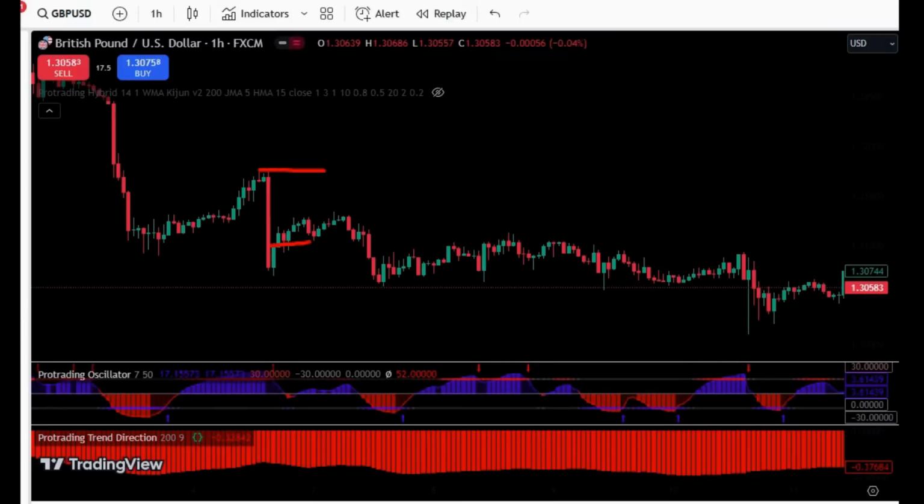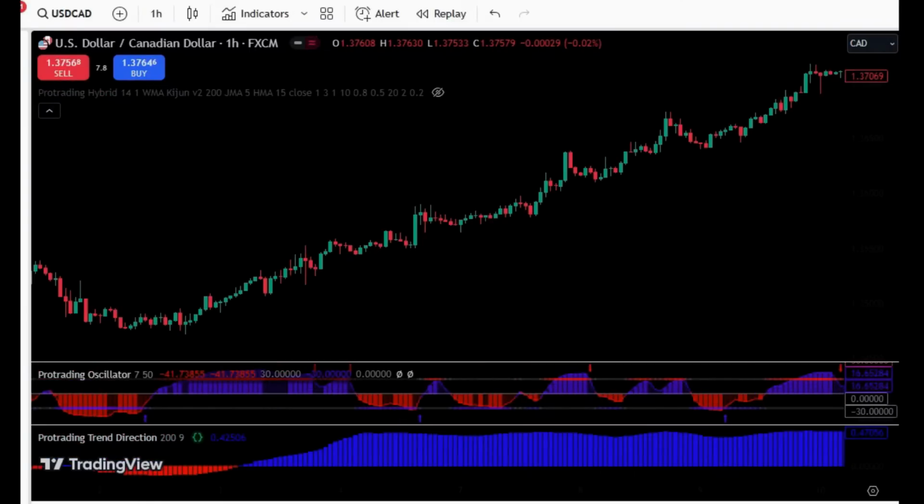Our take profit is going to be 3 times our risk. So if we are risking here 30 pips, our take profit is going to be 90 pips. So we put our take profit and we'll be managing the trade. We will not take any of these sell signals which are coming here. We'll just be managing our current trade and be moving with the trend.